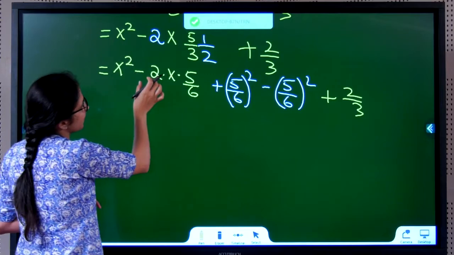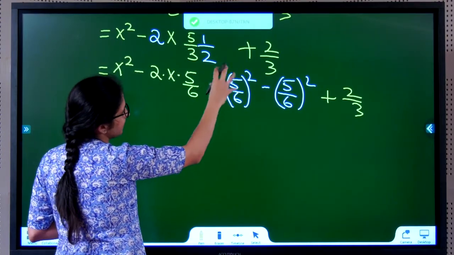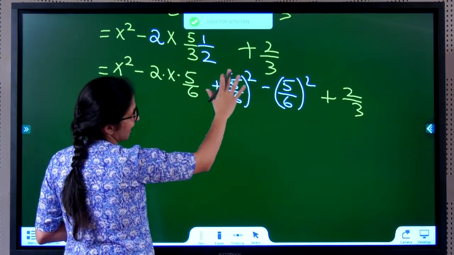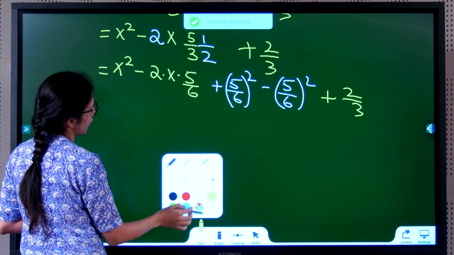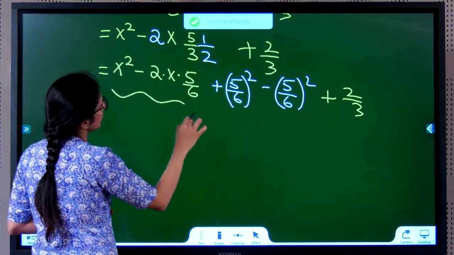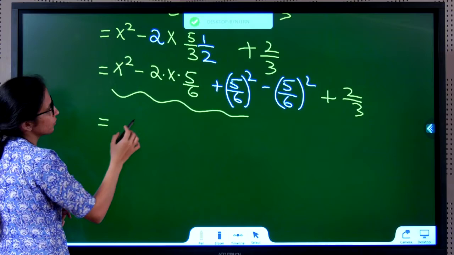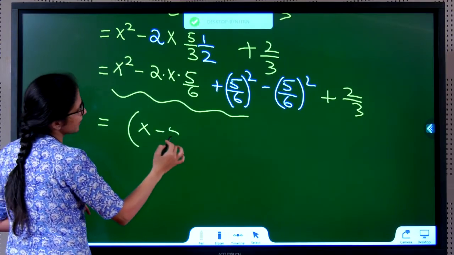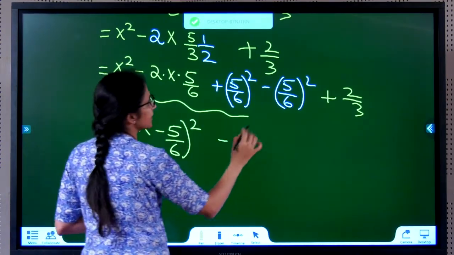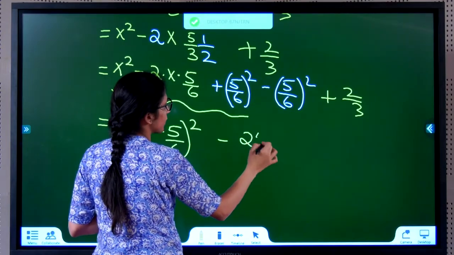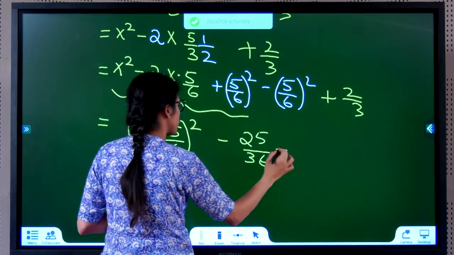So a square minus 2ab, I need the b square, so I put plus b square. I have added an extra term, so I have to remove it: minus b square. Now if you clearly see, this is nothing but a minus b the whole square. So it becomes x minus 5 by 6 the whole square. Minus, these are extra constants, open it: 25 by 36 plus 2 by 3.